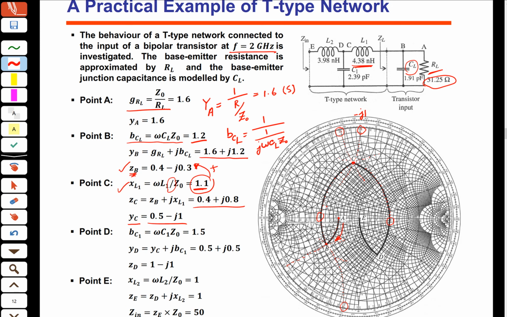So this is 0.4, and also 0.8. You have to look at it. So the intersection of these two lines is this point. YC, you should read YC. So YC is the intersection of this line and this line.